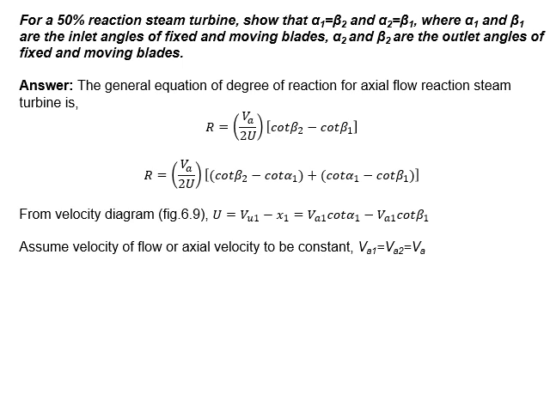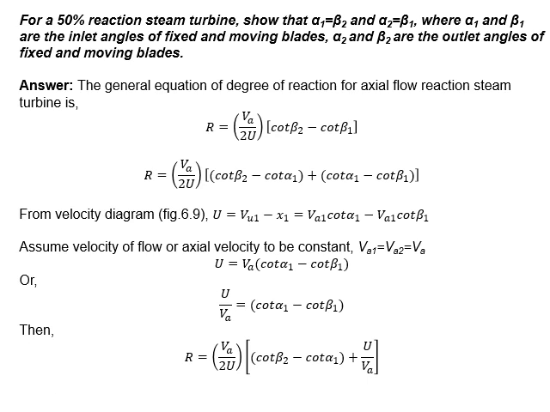Assume the velocity of flow, or axial velocity, to be constant, that is V of A1 is equal to V of A2 is equal to V of A, and u, the blade velocity, is equal to V of A into cot alpha 1 minus cot beta 1, or u by V of A is equal to cot alpha 1 minus cot beta 1.